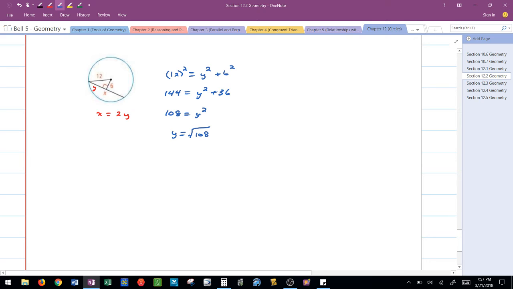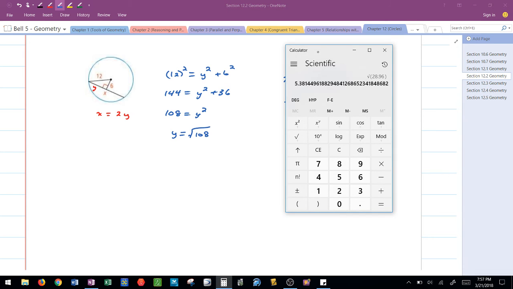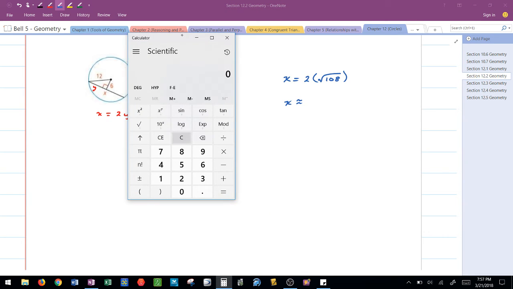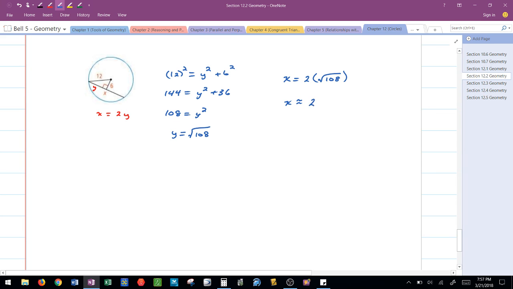Now I'm going to find x. I know that x is going to be 2 times the square root of 108. And now I'm ready to go to my handy dandy calculator to figure this out. So I pull up the calculator and I take 2 times the square root of 108 and get that answer, and it'd be 20.8 units is the length of the chord.